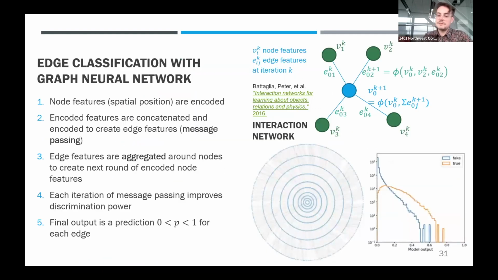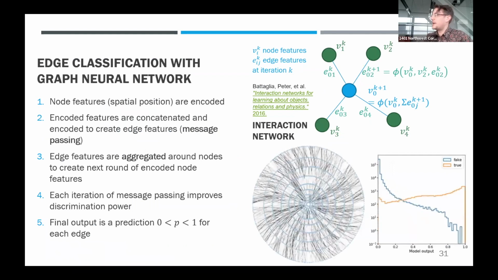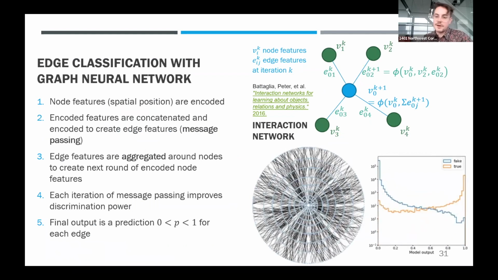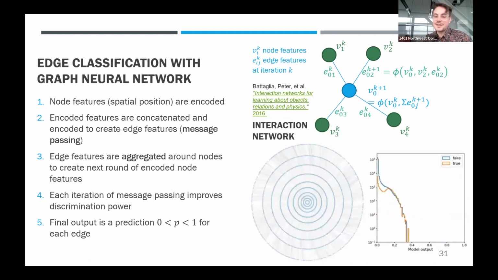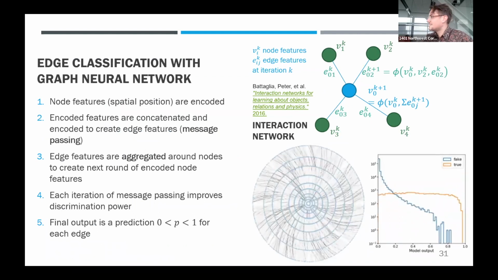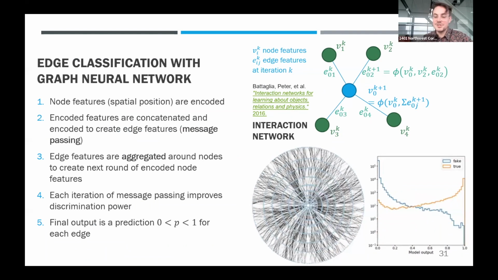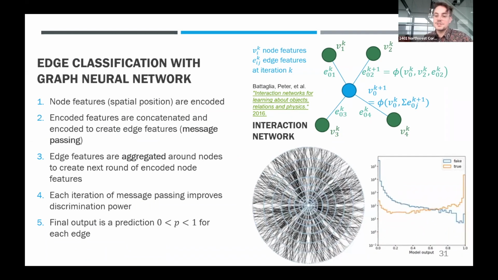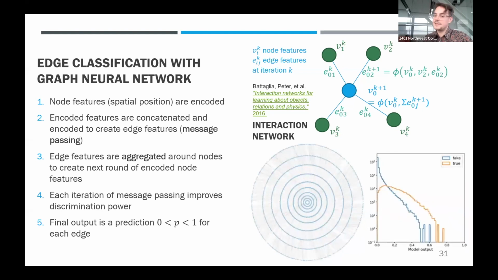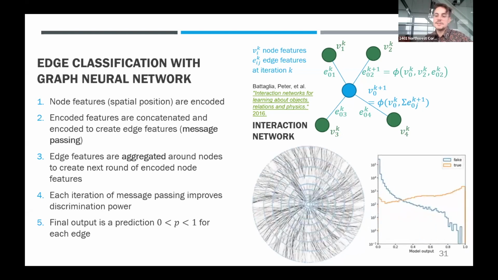Once we've built our graph, then we want to apply our graph neural network. Now, there are more graph network architectures than you can shake a stick at, so we chose one that is, in some ways, I think, a very general architecture called an interaction network that was created by Battaglia et al. in 2016.